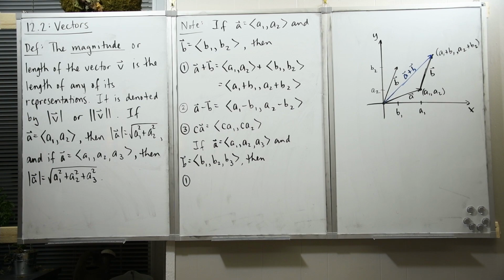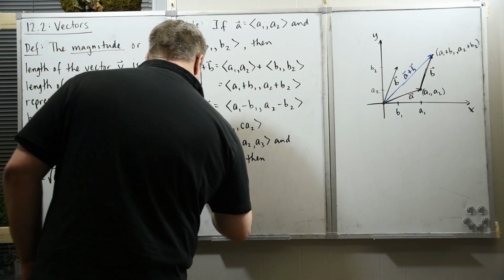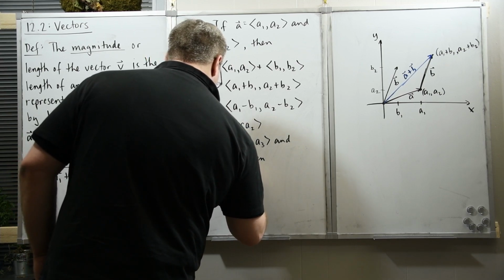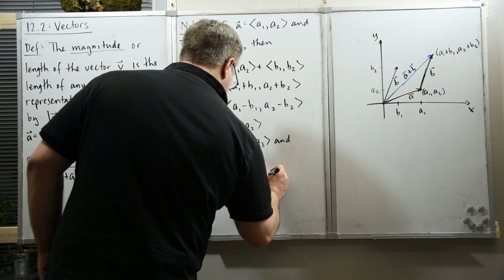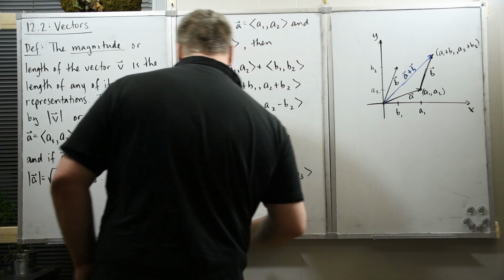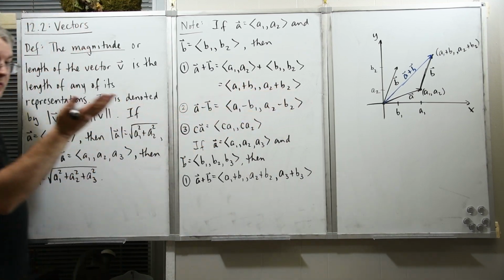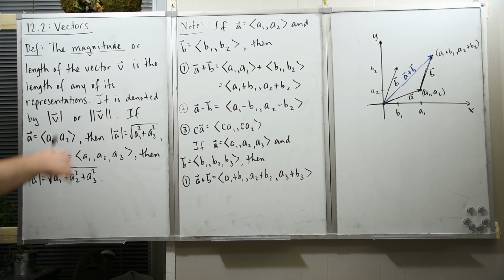Then again, we can take a look at A plus B, A minus B, C times A, and we'll find very similar results here. So A plus B will have components A1 plus B1, A2 plus B2, A3 plus B3. So exactly the same kind of thing you're seeing here, just with a third component of A3 plus B3 kind of added on to the end.